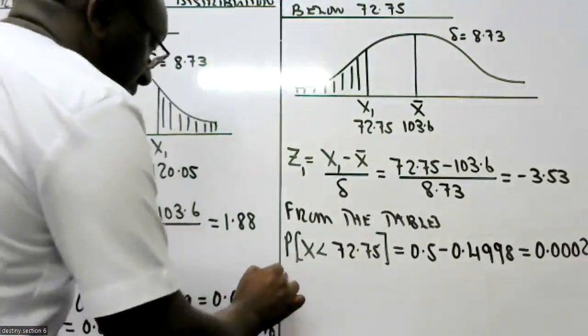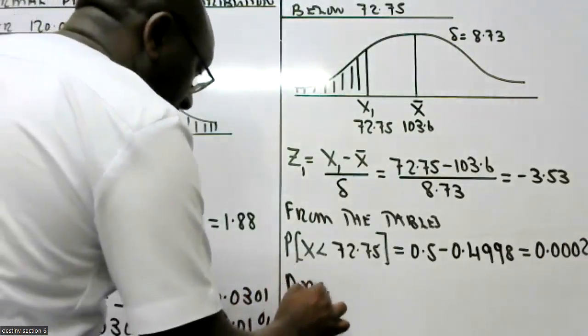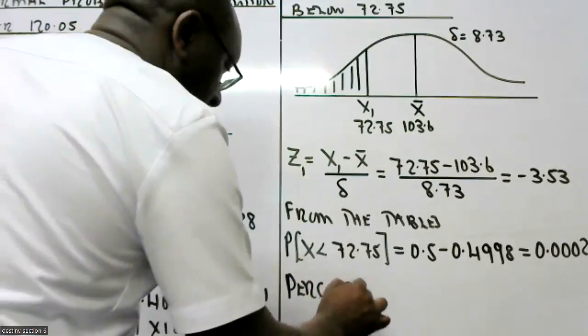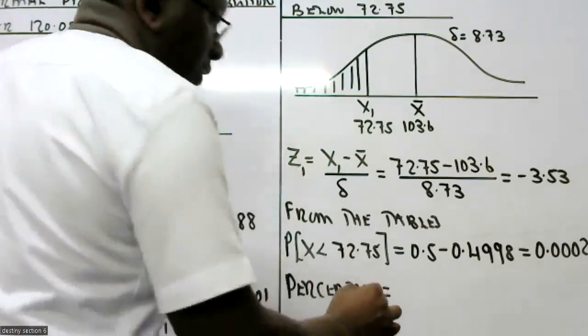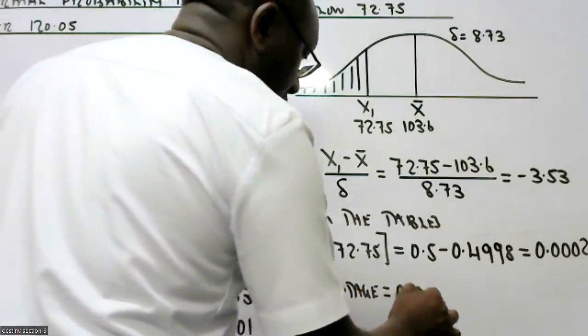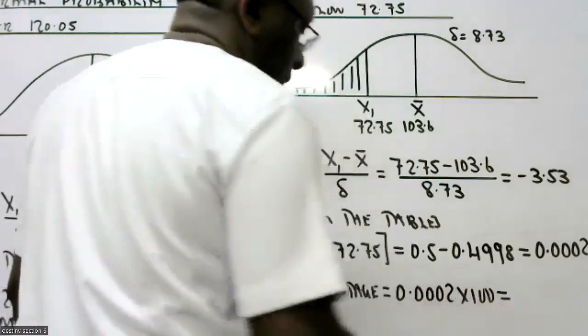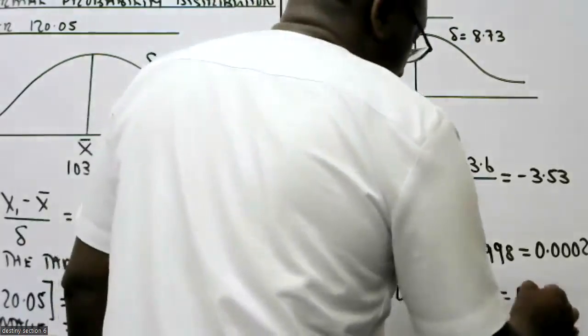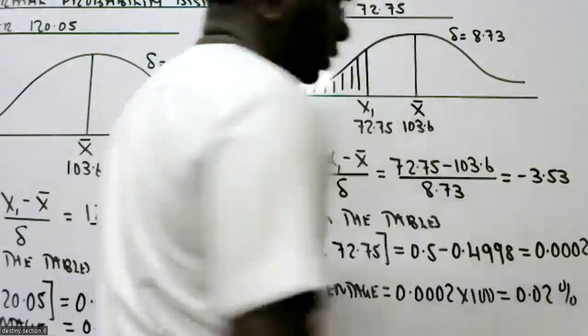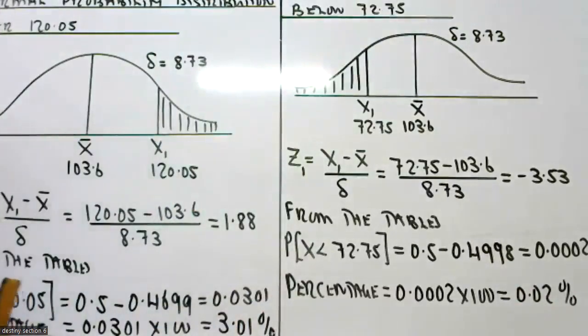So in terms of the percentage, it is 0.0002 times 100. That gives us 0.02%.